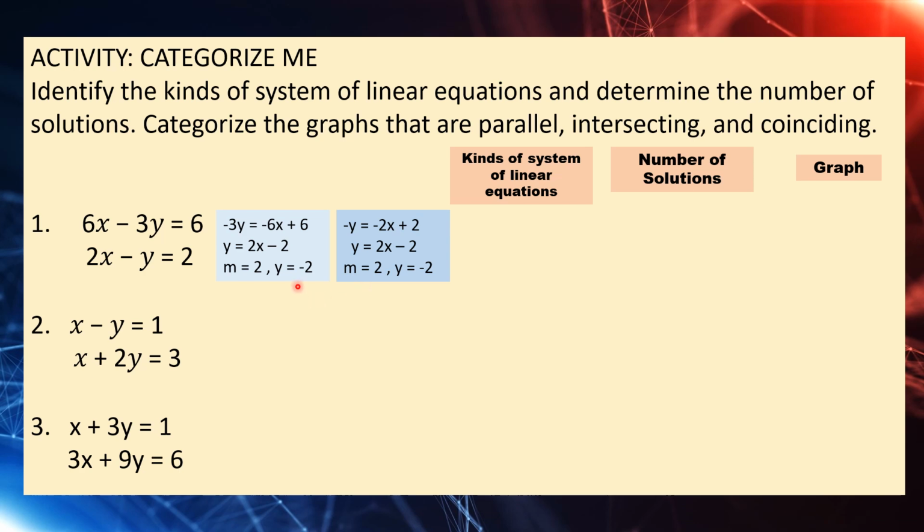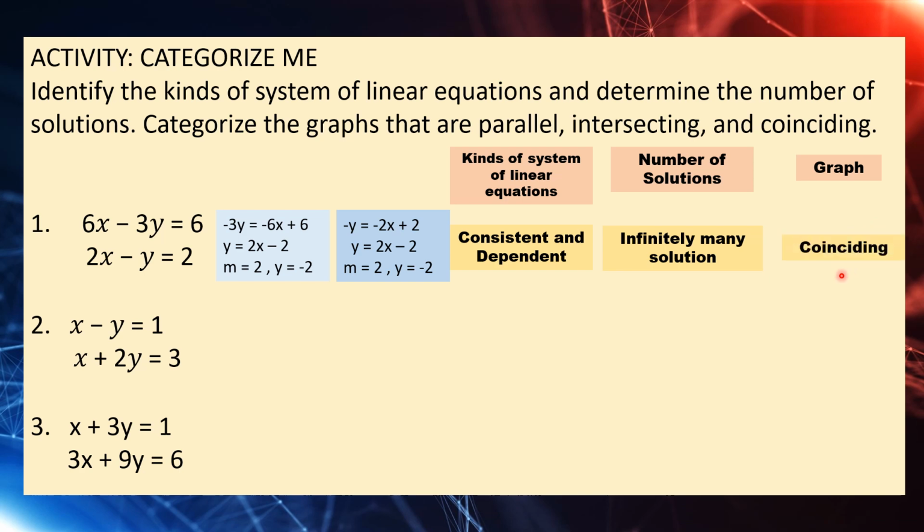And with their y-intercepts, they are both negative 2. They are also equal. Thus, the system of linear equations is consistent and dependent. And the number of solutions is infinitely many solutions. And their graphs are coinciding.